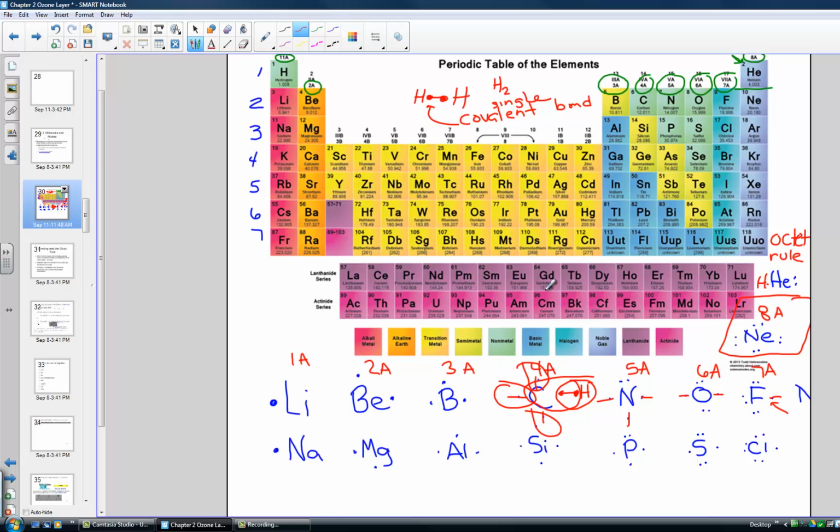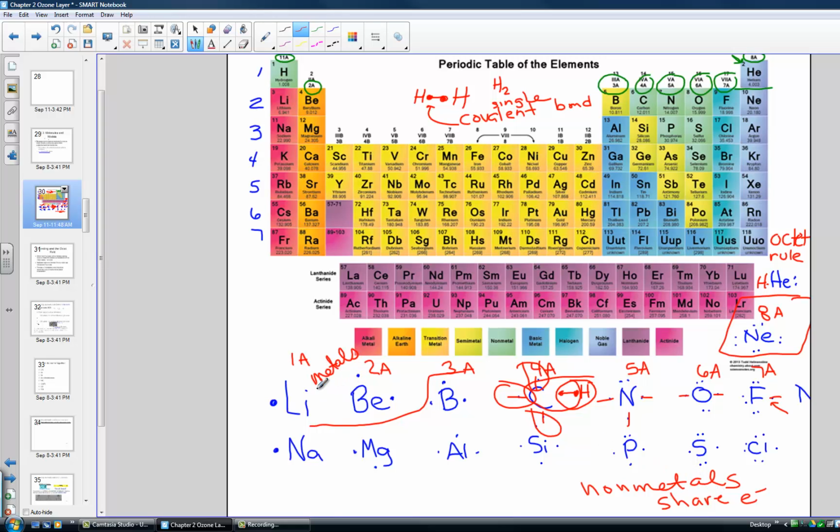Notice that I'm going to stop talking here about boron, because now we're looking at metals versus nonmetals. And I want to be very clear in my chemistry lesson that nonmetals will share electrons, forming these covalent bonds.